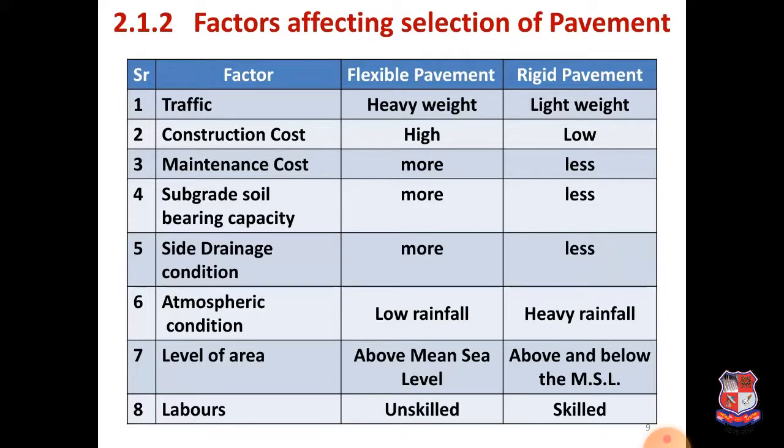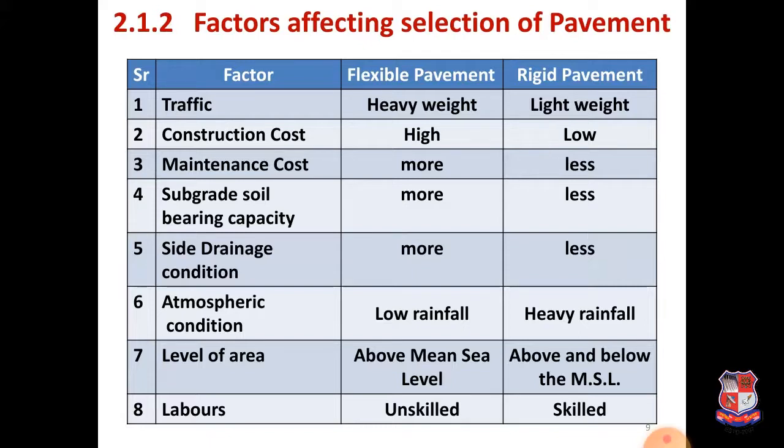Second factor is construction cost. Flexible pavement's construction cost is high compared to rigid pavement, and rigid pavement's construction cost is low compared to flexible pavement.